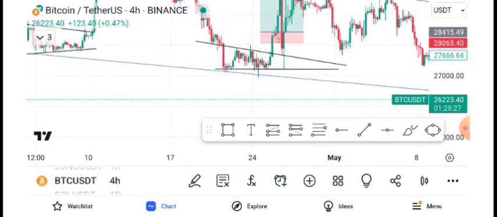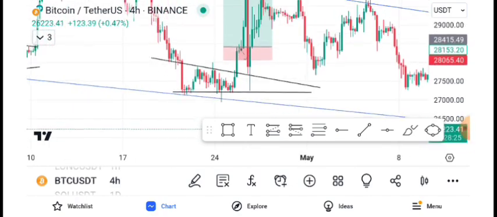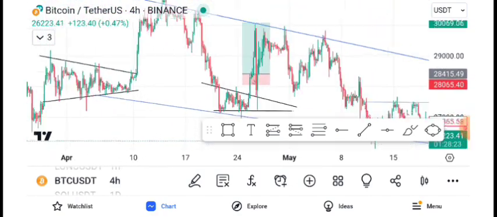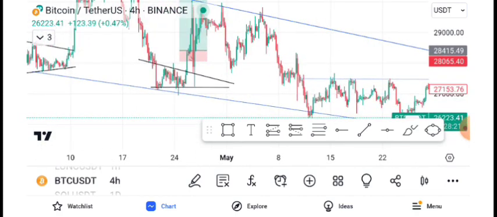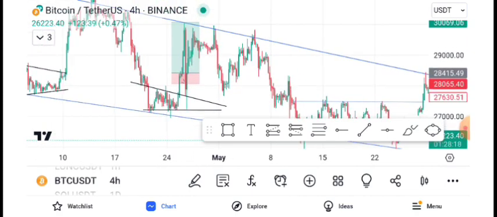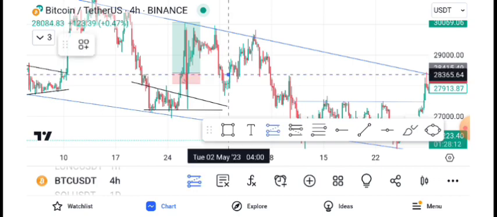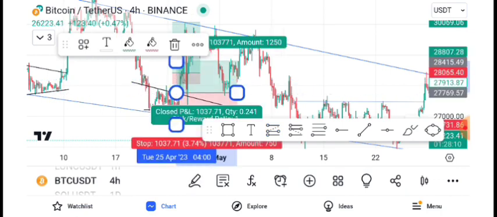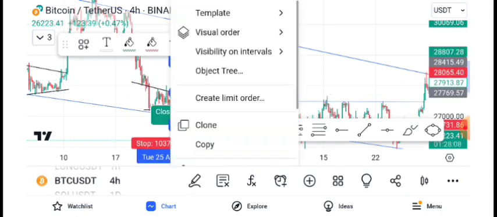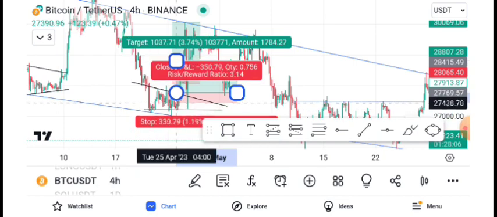And also the same way you see, this is another angle that BTC formed. You set your trend line. When it breaks, put your long entry, set your TP at half of the range.